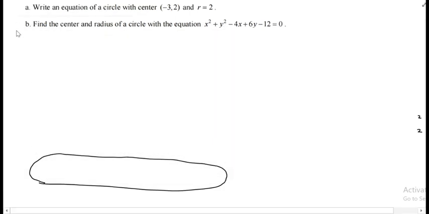All right, let's use the other method of solving this. The second equation. So if you have x squared plus y squared minus 4x plus 6y minus 12 equals 0.